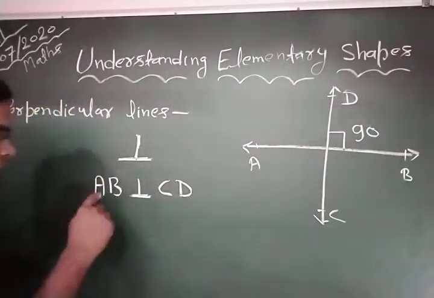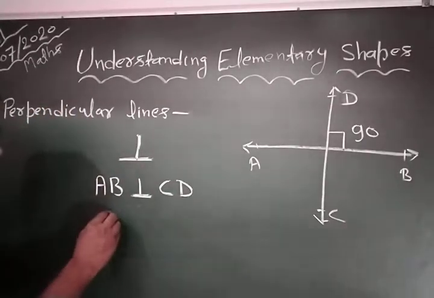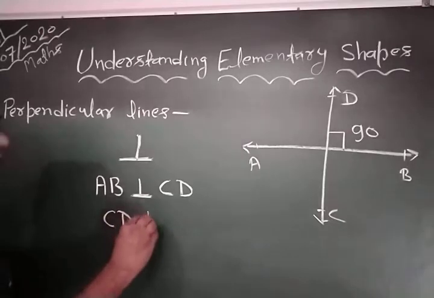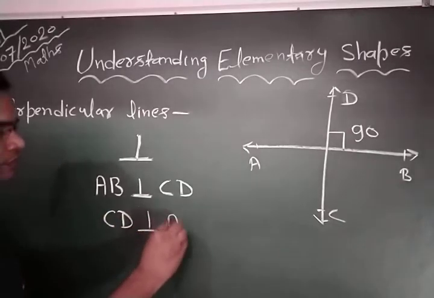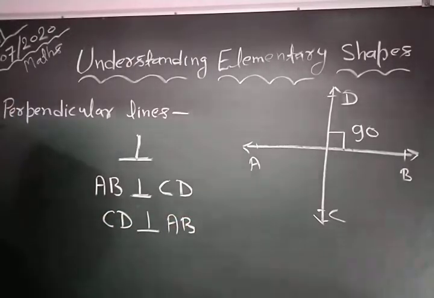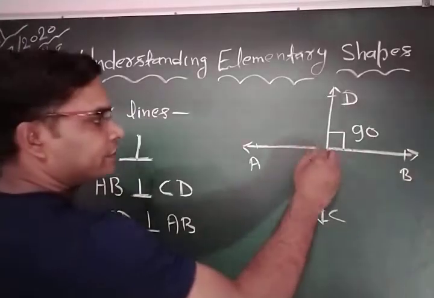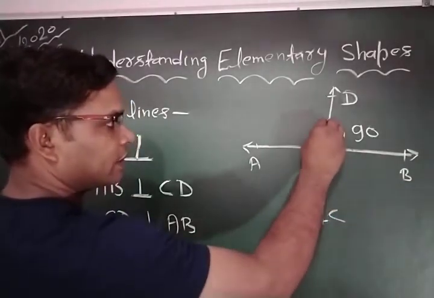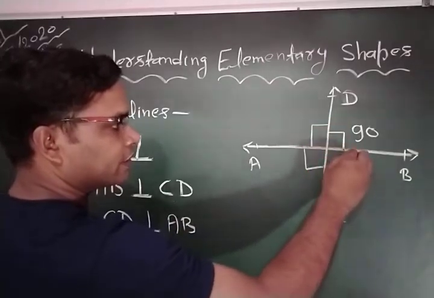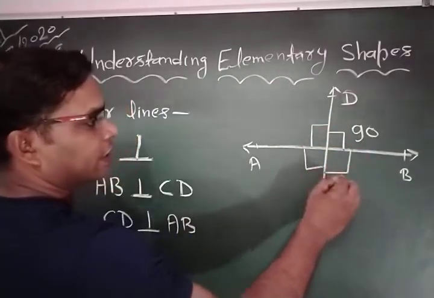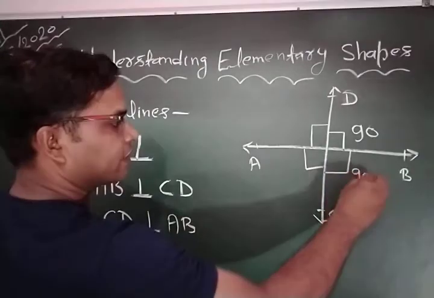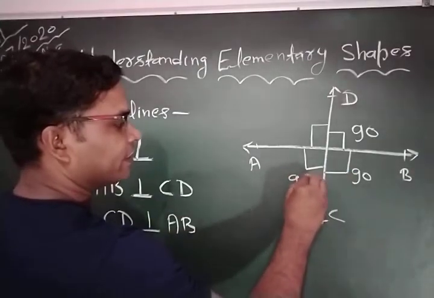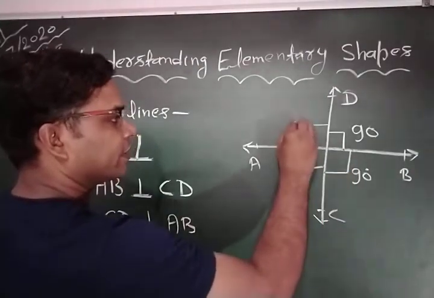We can write AB perpendicular to CD, or we also write CD perpendicular to AB. Here also this is a right angle, this is also a right angle, this is also a right angle, meaning each angle is 90 degrees.